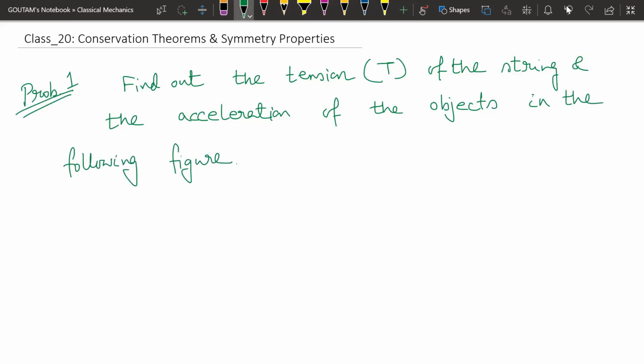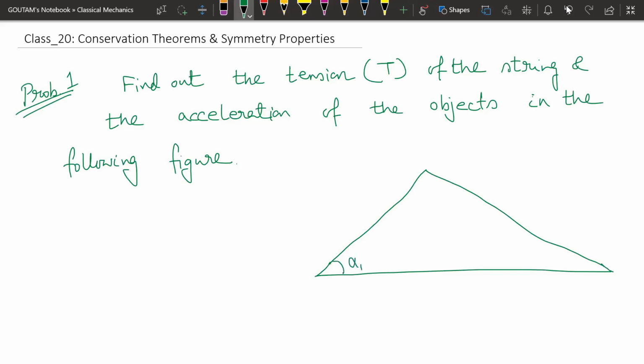And the figure is: we have an inclined plane which has inclination at both sides, and the angles are alpha 1 and alpha 2.